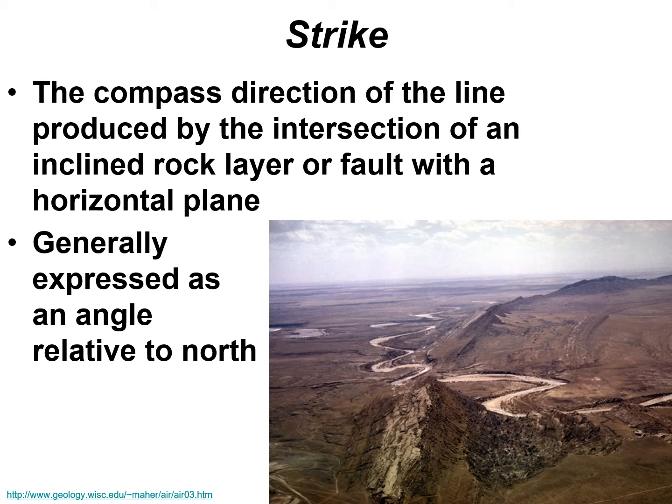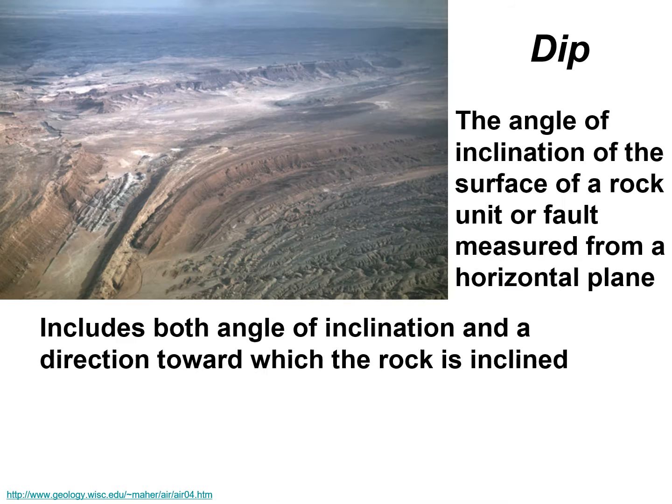The strike is an imaginary horizontal line on a bed of rock, and we record that angle relative to north so we can plot it on a map. And then the dip is what direction things are dipping down, so this is probably what's more important. These rocks over towards the right are somewhat flat-ish, but over on the left, they are dipping rather strongly towards the left of this image.